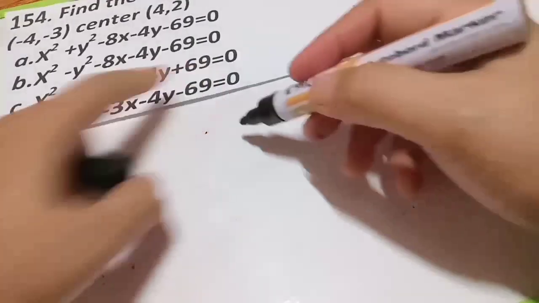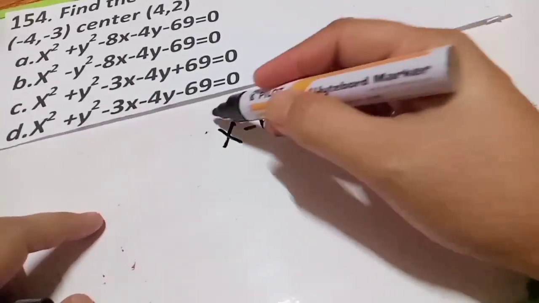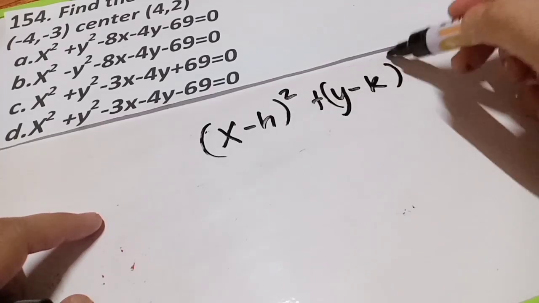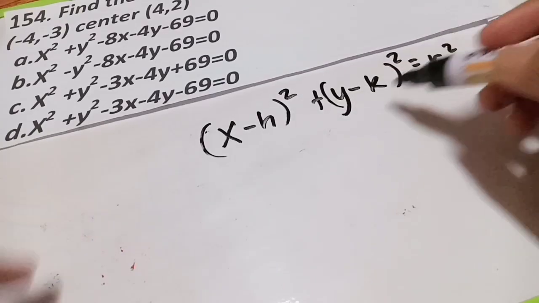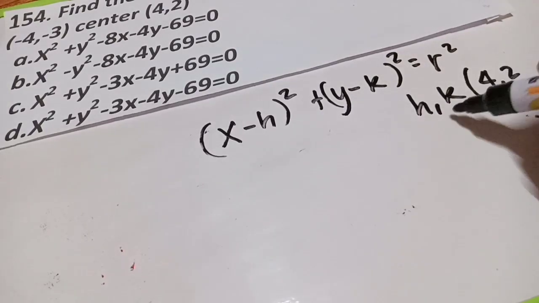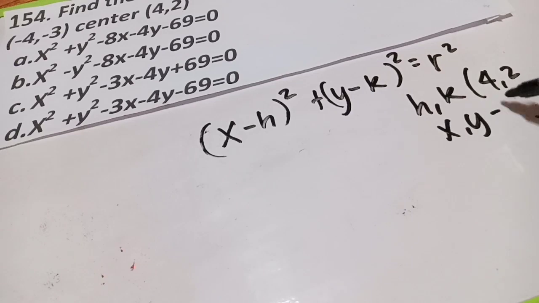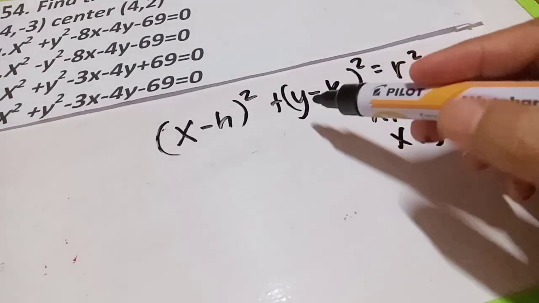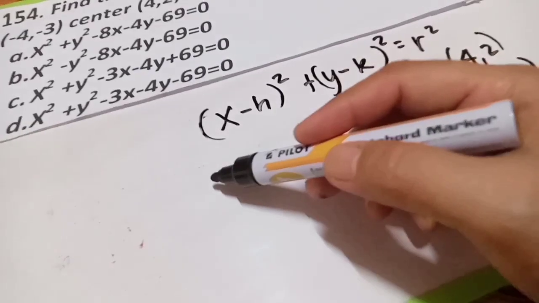We know that the formula is x minus h squared plus y minus k squared equals r squared. Our h and k are 4 and 2, and x and y are negative 4 and negative 3. So let's substitute these values.